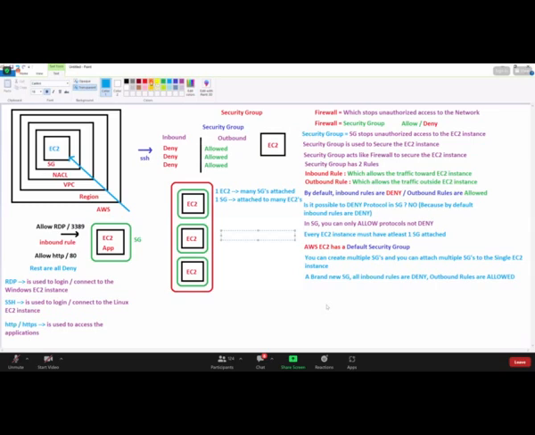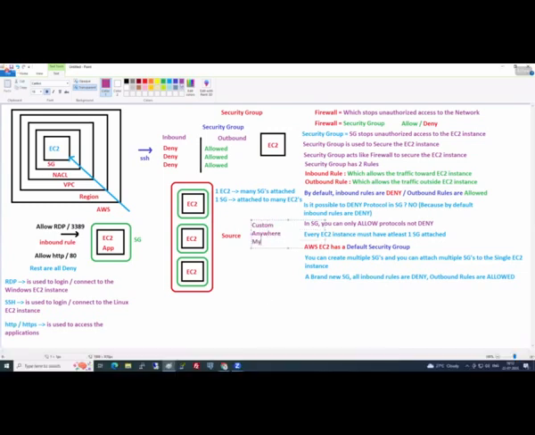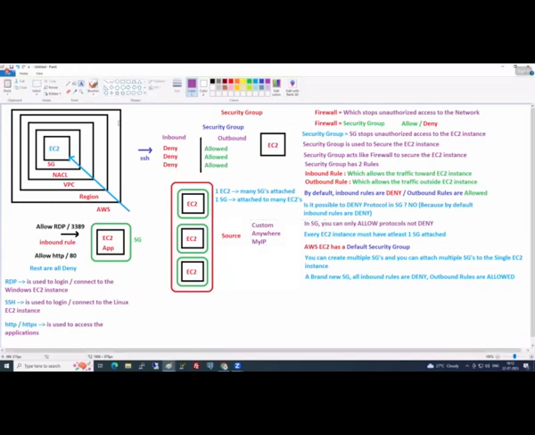So sources, how many types of sources are there? 3 types. What are those? Custom, anywhere, My IP. Everyone understood the difference between all those?